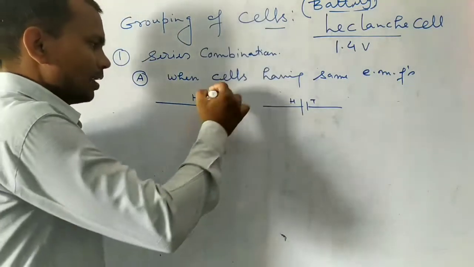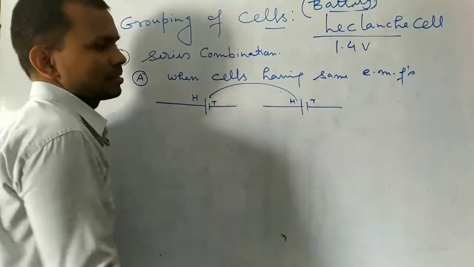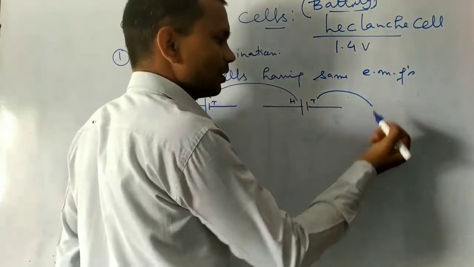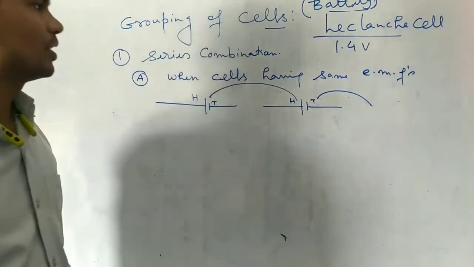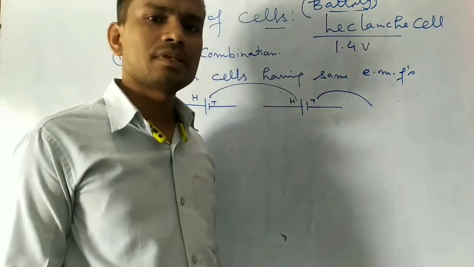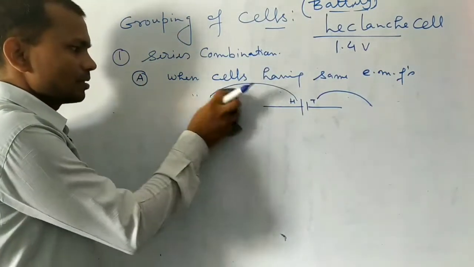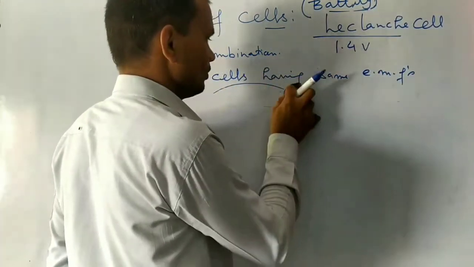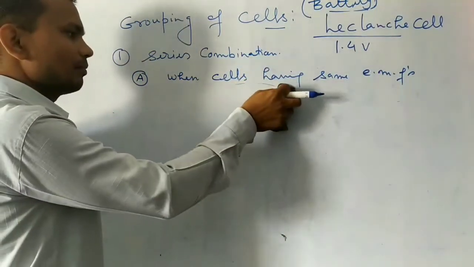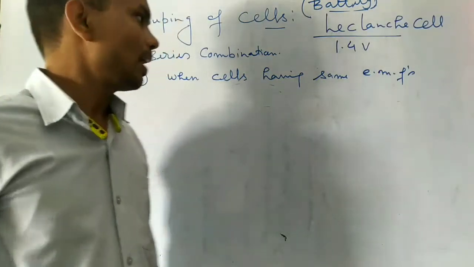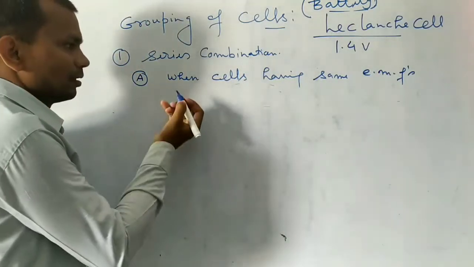If the tail of one cell is connected with the head of the next, and the tail of that with the head of another, this arrangement is known as grouping of cells in series, or series combination. This is also known as head to tail arrangement. Here we discuss cells having the same EMF connected in series.